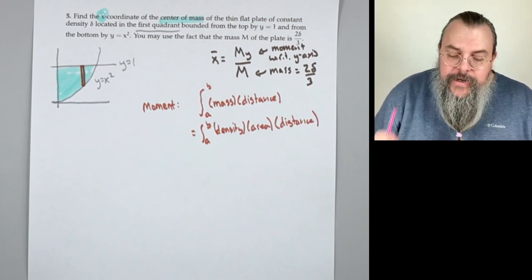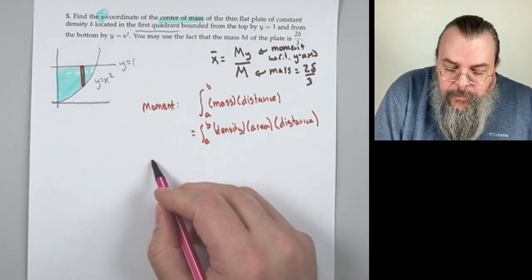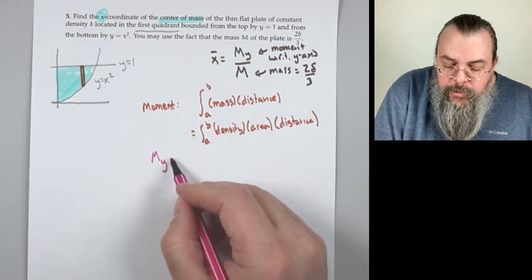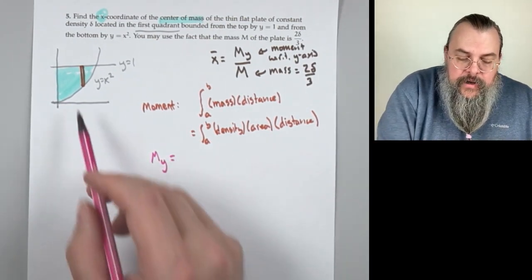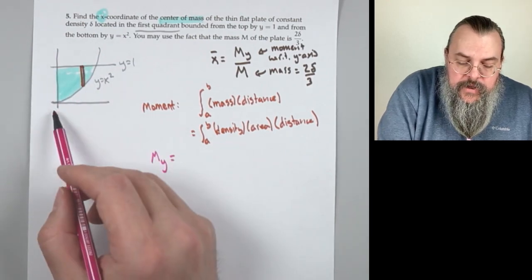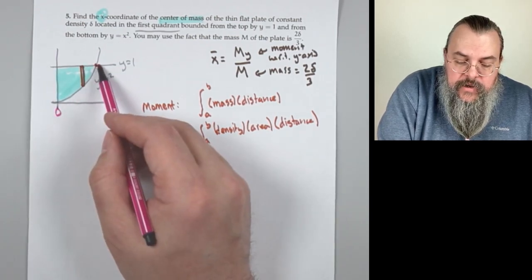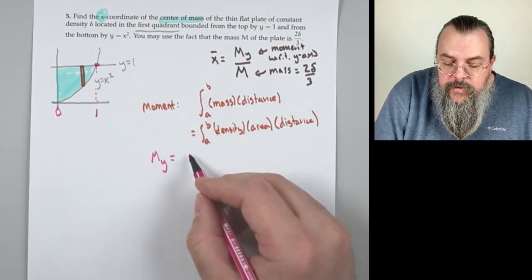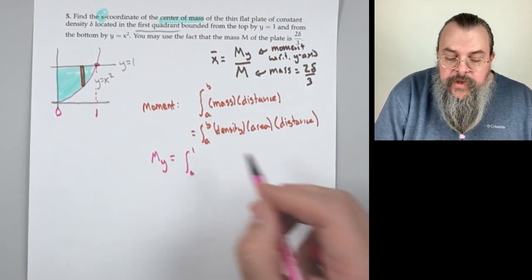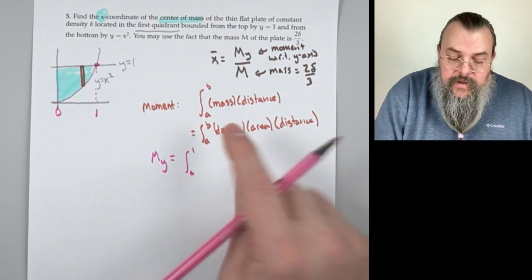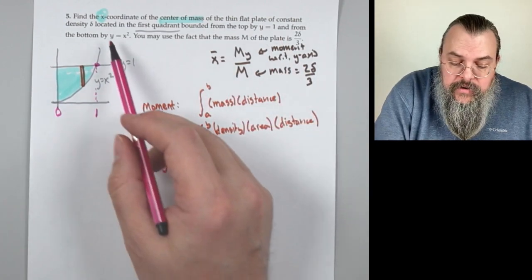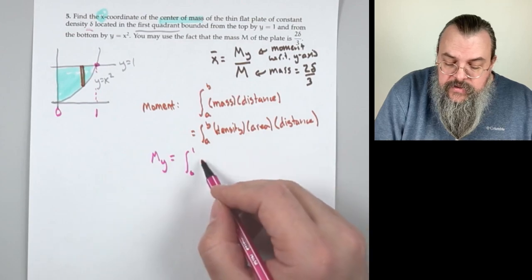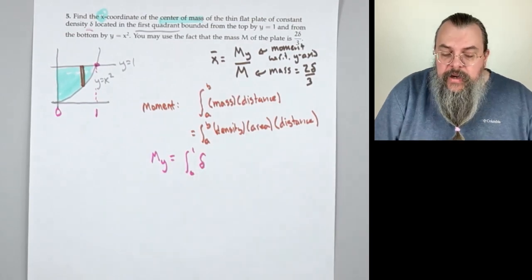All right, so for us, let's work through this. M sub y. Well, our shape here, we're going to go from 0, and, well, when does x squared equal 1? Is that 1? So we're going 0 to 1. Our density, that is our delta. So delta. Our area.